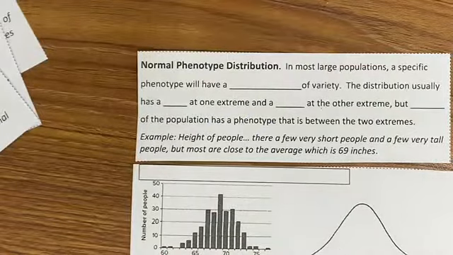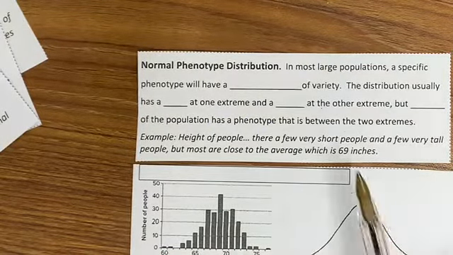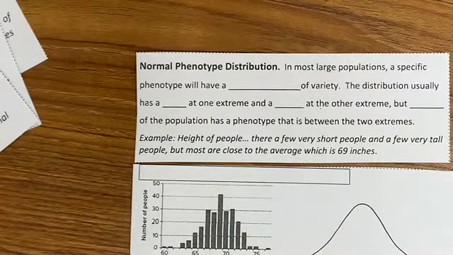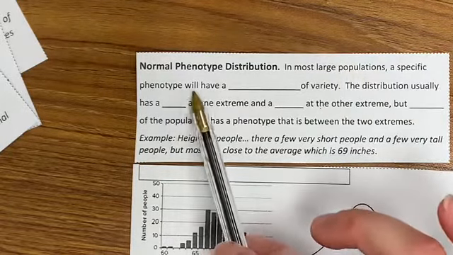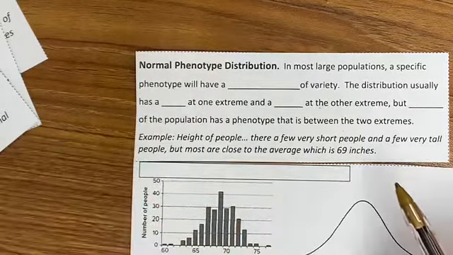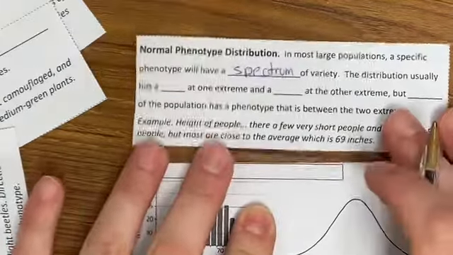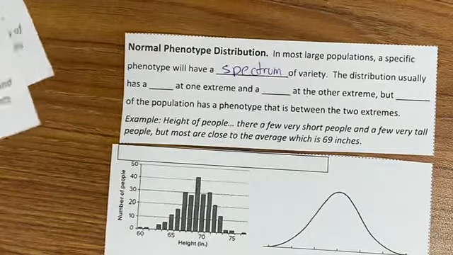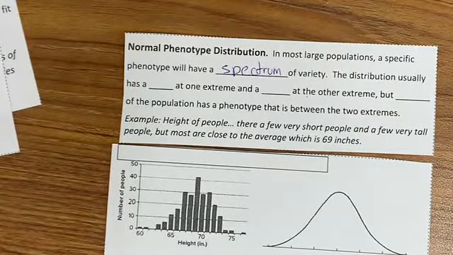Normal phenotype distribution. In most large populations, so lots and lots and lots, large population, specific phenotype will have a spectrum of variety. That means there's not just tall and short people in the world. There's tall and a bunch of different types of mediums, okay?